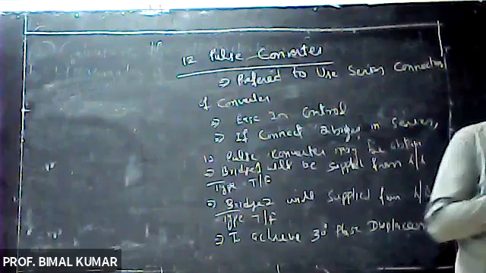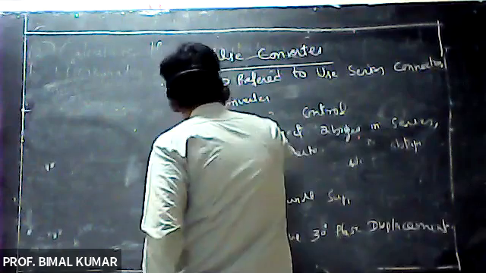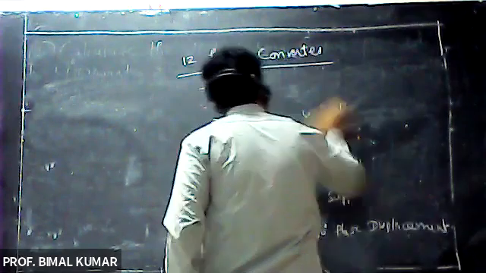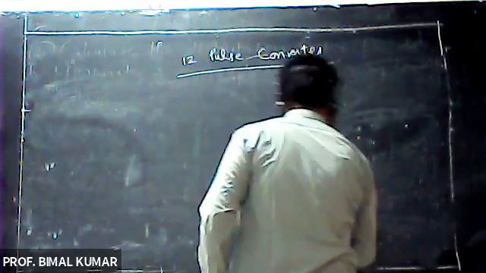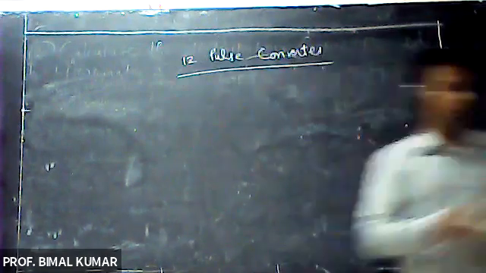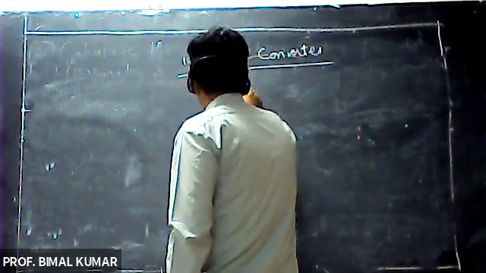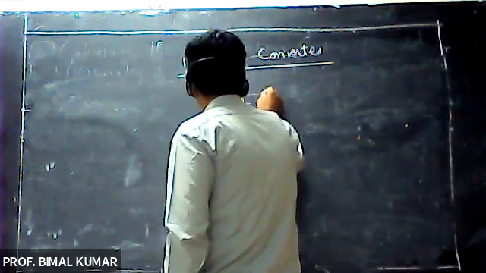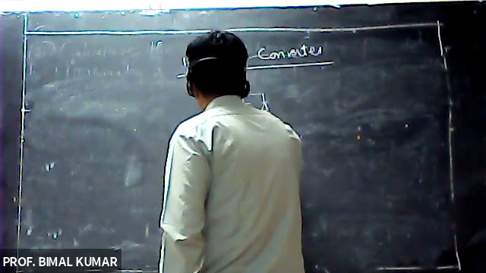Now see this diagram. In this diagram we are representing the 6 pulse converter. First of all, see this.